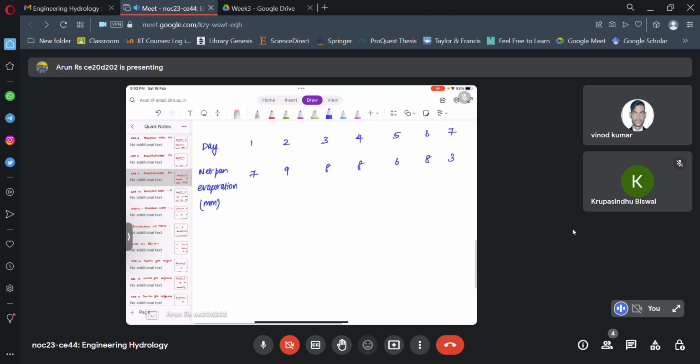Now we need to compute the total evaporation. It's just the summation of all the things: 7 plus 9 plus 8 plus 8 plus 6 plus 8 plus 3. So this is equal to 49 mm. So this is your evaporation from the pan.